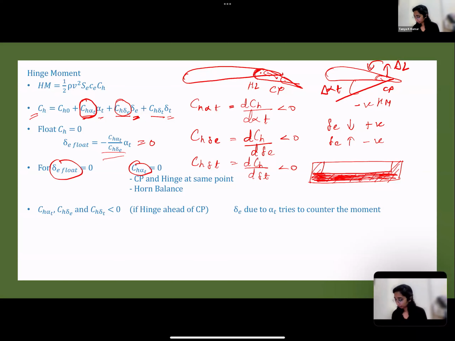If I deflect my elevator down, how is the angle of attack at the tail reducing? We just discussed this. Try and tell me. Either speak up or put it in writing. Anything is fine.